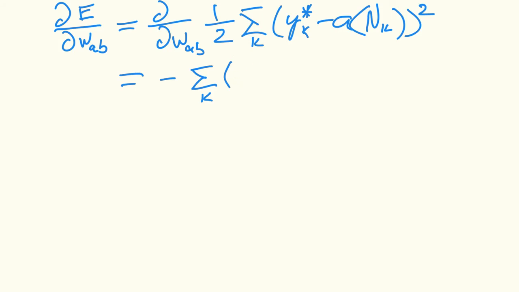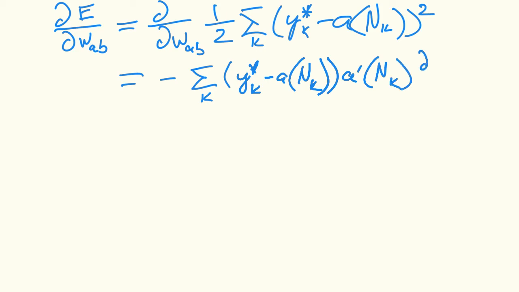So that's going to make this a bit more complex, but we can still sum across all k of y star k minus a of n sub k times a prime of n sub k times the derivative with respect to WAB of n sub k.